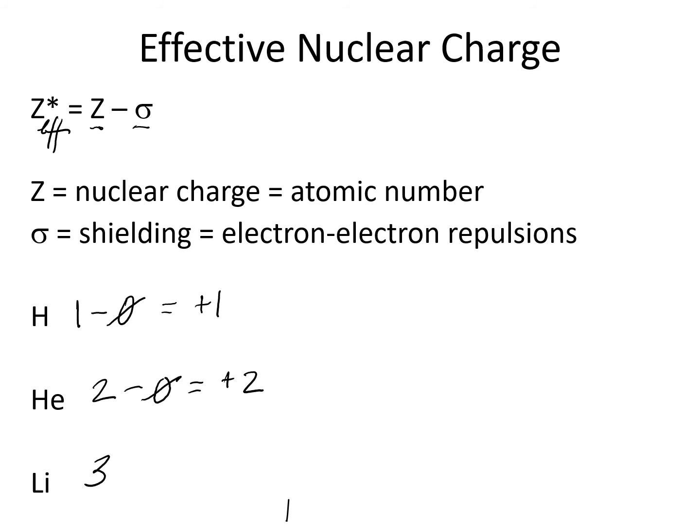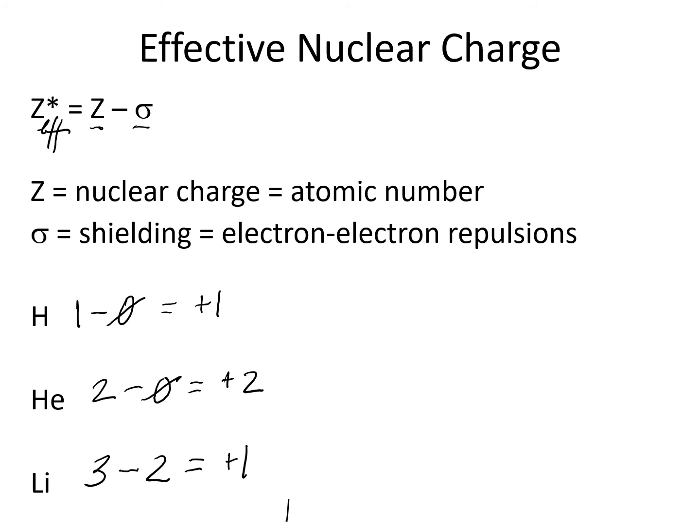So 3 minus 2, lithium only feels a +1 from that nucleus that has 3 protons in it. So it's being shielded by the 2 electrons in the 1s orbital or subshell.